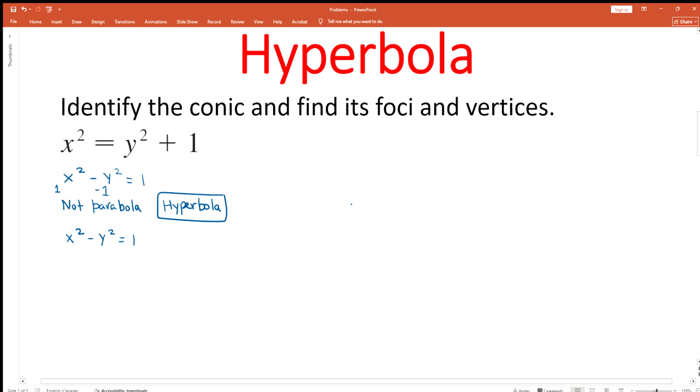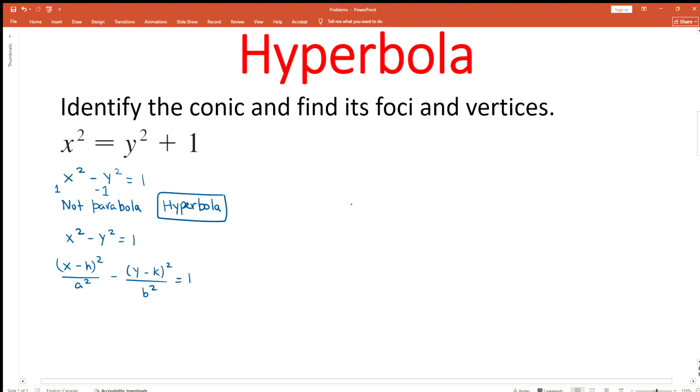The general equation of a hyperbola in standard form, whose curves are side by side, is x minus h squared over a squared minus y minus k squared over b squared equals 1.